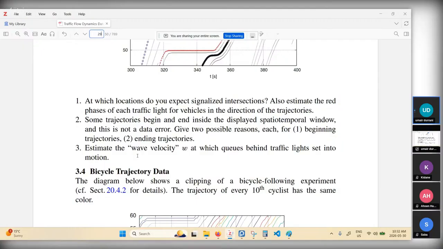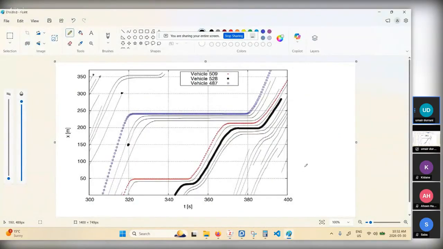Estimate the wave velocity at which queues behind traffic lights set into motion. So if we look at these trajectories, and if we look at this traffic light, we know that the wave that is made here would be something like this.